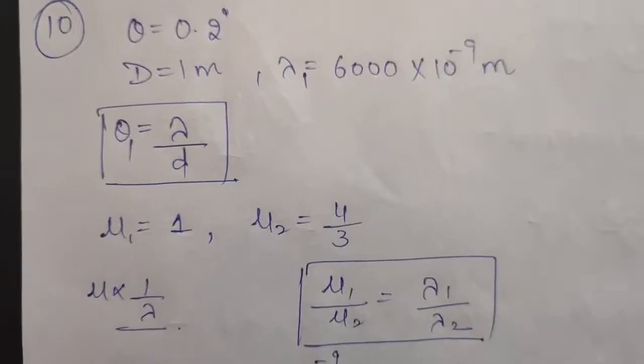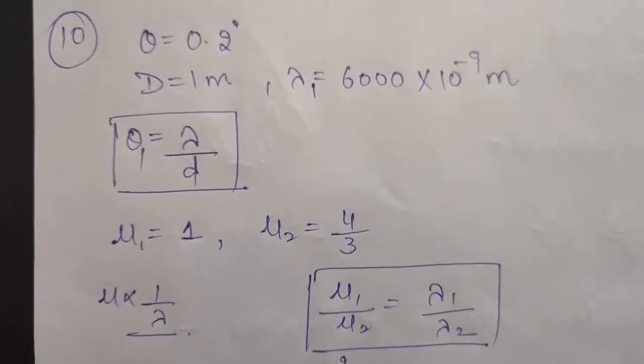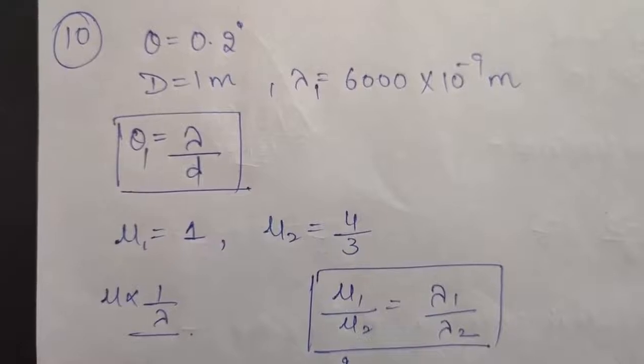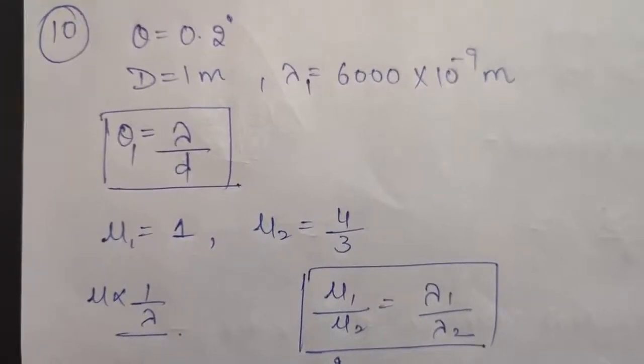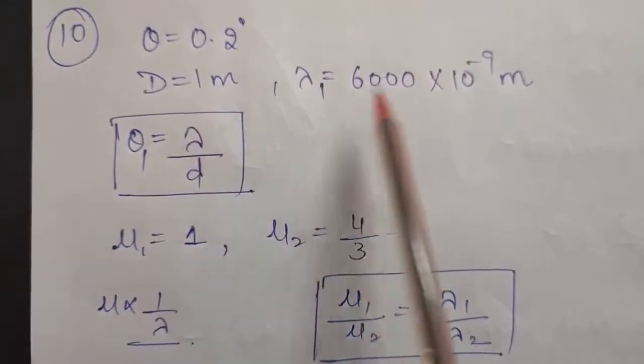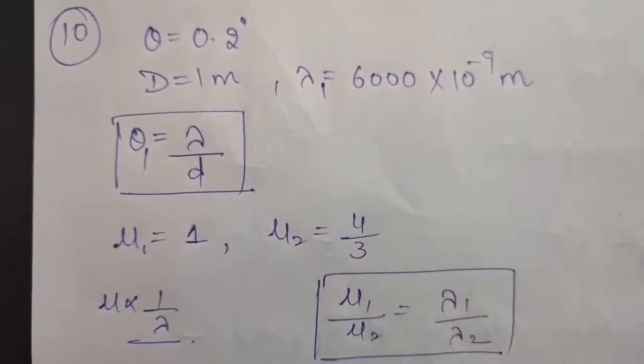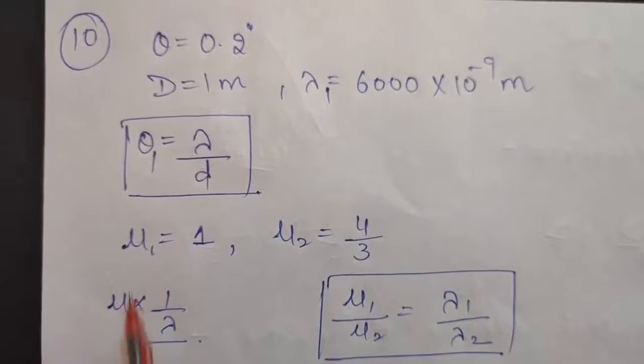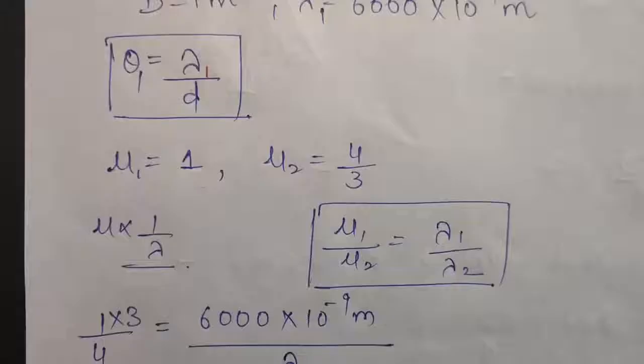In question number 10, you are given, in a double slit experiment, the angular width of a fringe is found to be 0.2 degree on a screen placed 1 millimeter apart, that is d, and lambda 1 is given to be 6000 angstrom. So if you write down theta 1 for it, that will be lambda 1 by d, right?